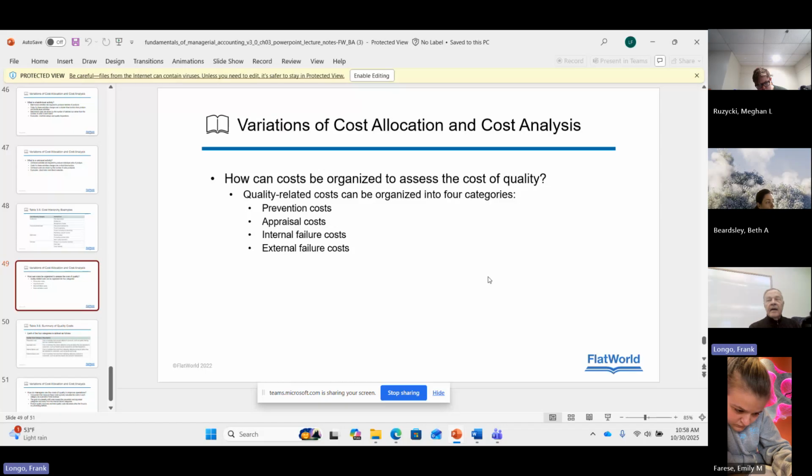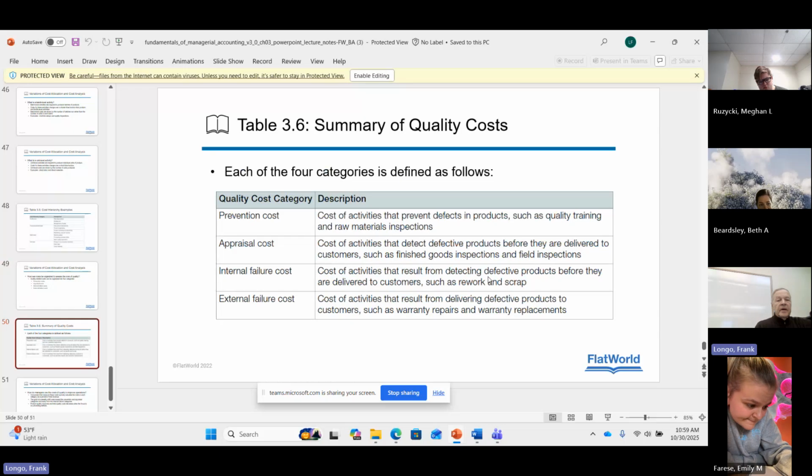By the way, you'd like to have an idea of that before you even set prices, because a higher quality product may deserve a higher price. So we can, again, group the cost of quality into 4 categories: prevention, appraisal, internal failure, and external failure.